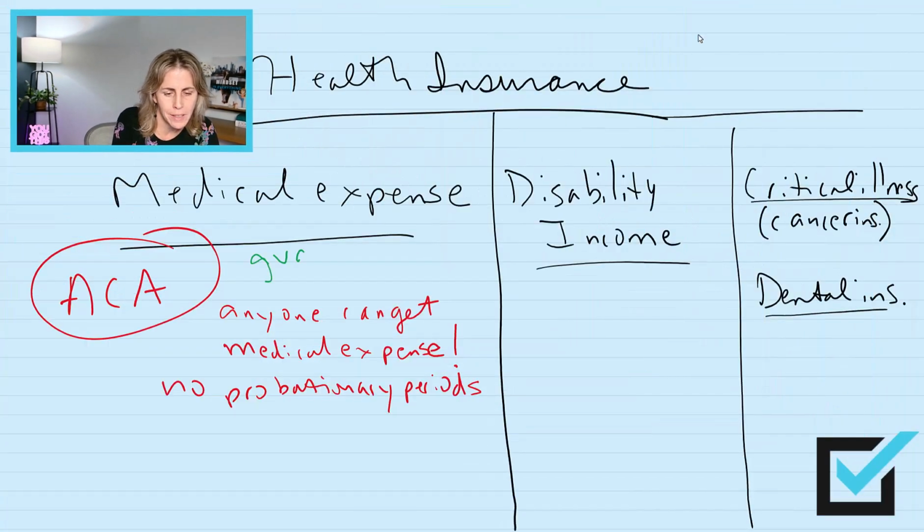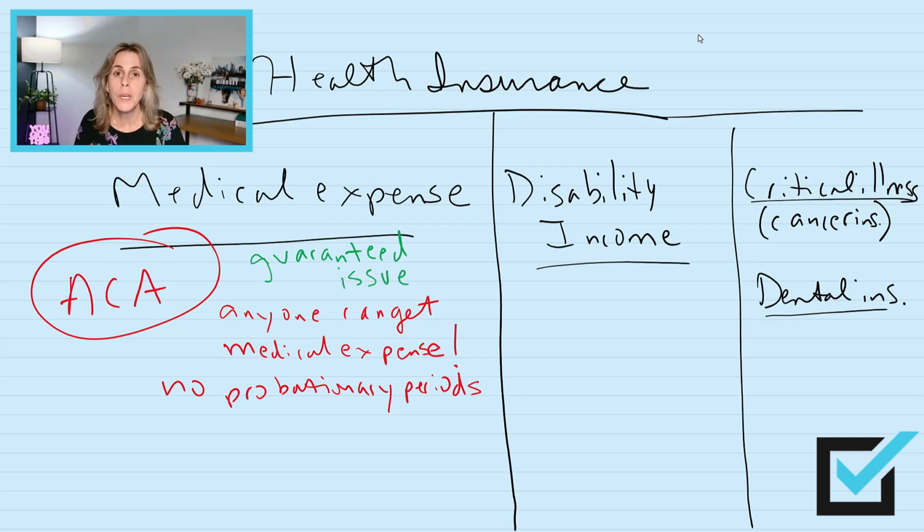The Affordable Care Act requires that, which is great. Because in the old days, you would go to try to buy medical expense insurance and your pre-existing conditions in the previous year would be on probation for up to a year. And that was very, very frustrating. Plus, the insurance company could always say no. Today, you can always get medical expense coverage. It is guaranteed issue. So there is the healthcare exchange, and anyone can get it.